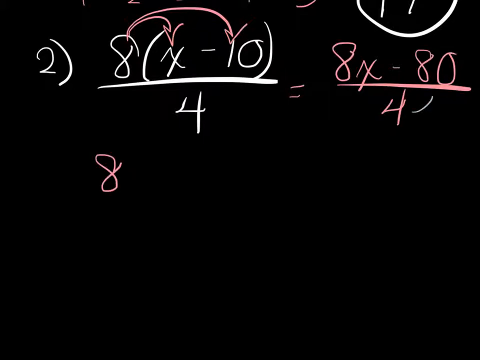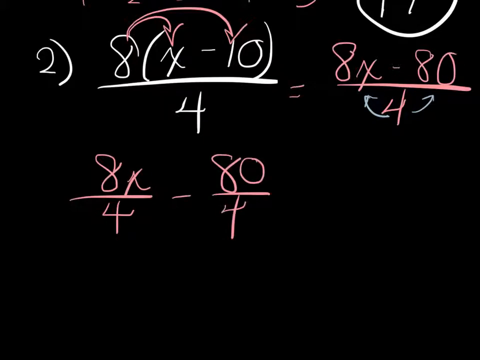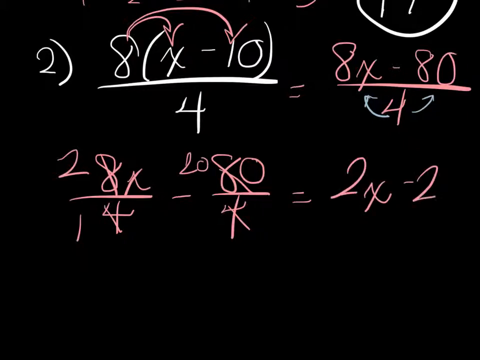Remember, we pretended, here come the steers to break up the party. You can explain that to other people who are viewing that with you if you need to. All right, 8 divided by 4, 2, 2 4s and 8. How many 4s in 80? 20. And so my new answer would be 2x minus 20.